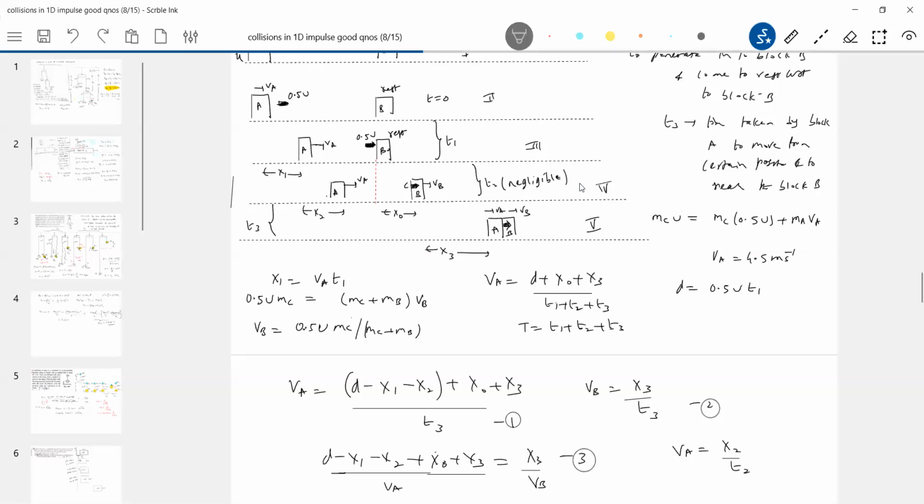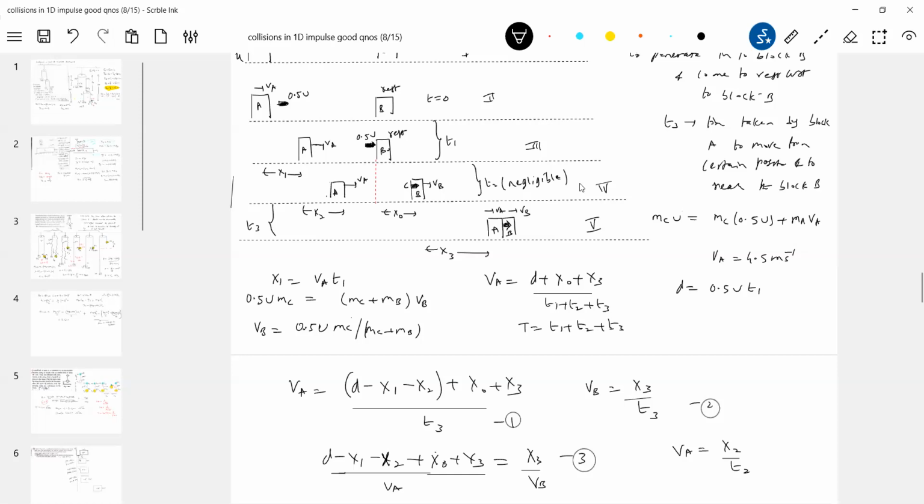Let's see what I can do. Now solving this, and further, what is VB? Any other equation. VB equal to x3 by T3, that one. I think still we have to write many equations.